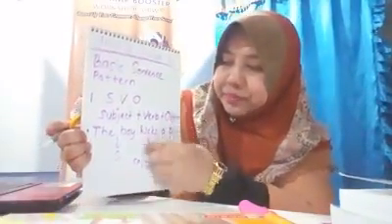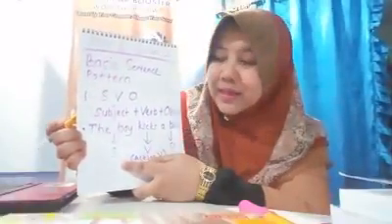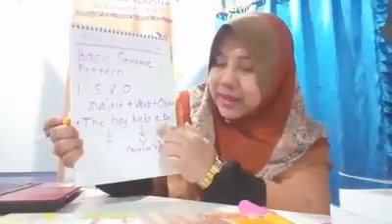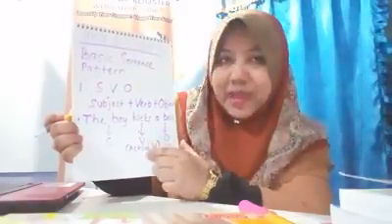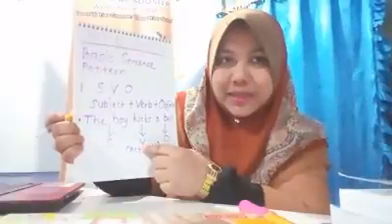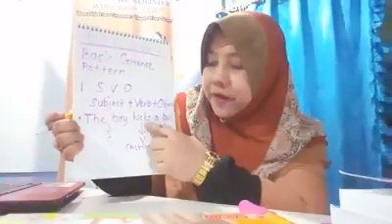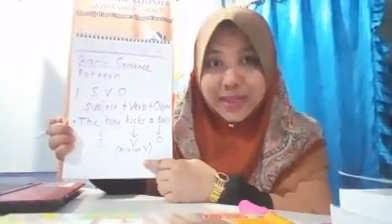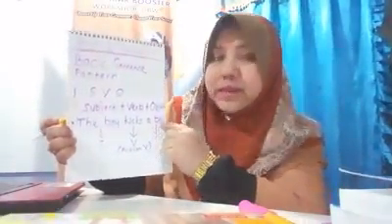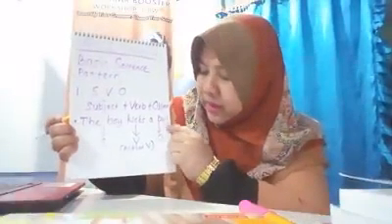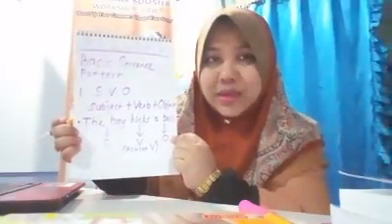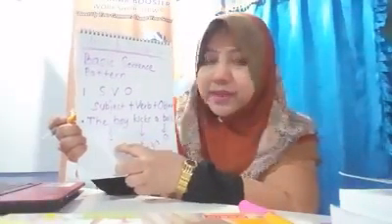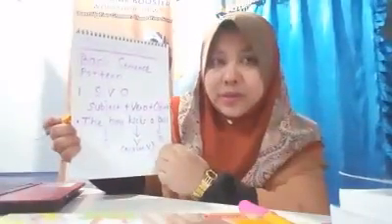What is the example? The boy kicks a ball. The boy is the subject, kicks is the verb. And normally for SVO, the verb here is an action, which is perbuatan, right? And a ball here refers to the object. So this is the first pattern: subject, verb, and object.